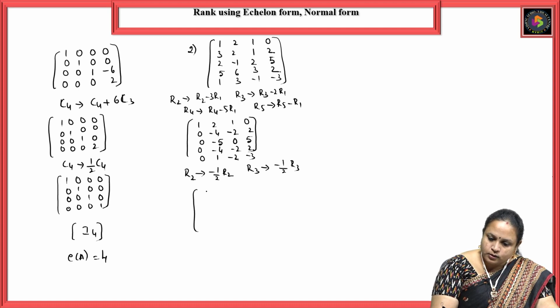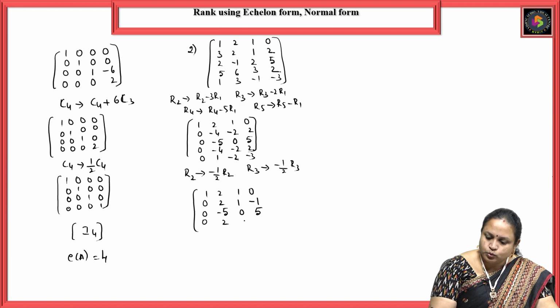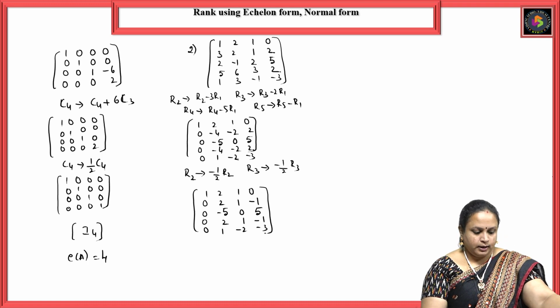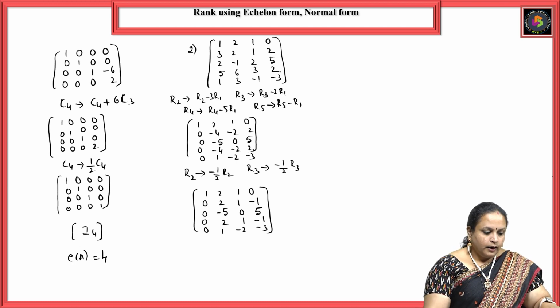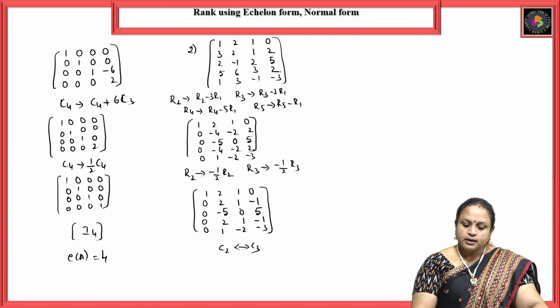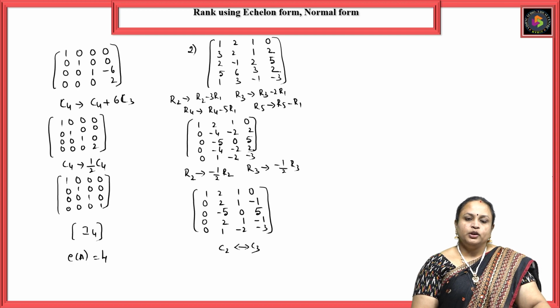Once we apply these operations, it is 1 2 1 0, 0 2 1 minus 1, 0 minus 5, 0 5, then 0 2 1 minus 1, 0 1 minus 2 minus 3. This is what we are getting. Now let us interchange column 2 with column 3, because the second row second element should be 1.